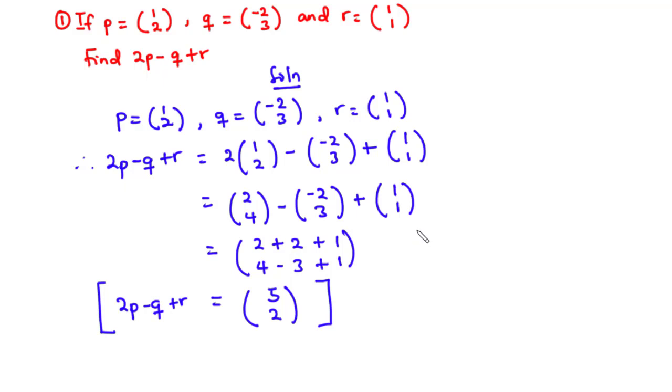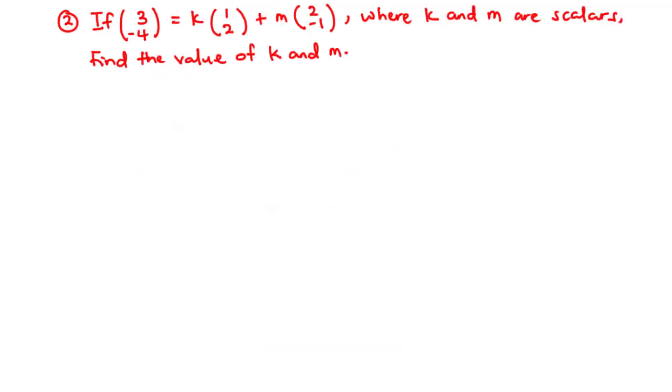Let's try another example. So let's take our second example. If vector (3, negative 4) is equal to k times vector (1, 2) plus m times vector (2, negative 1), where k and m are scalars, find the value of k and m.